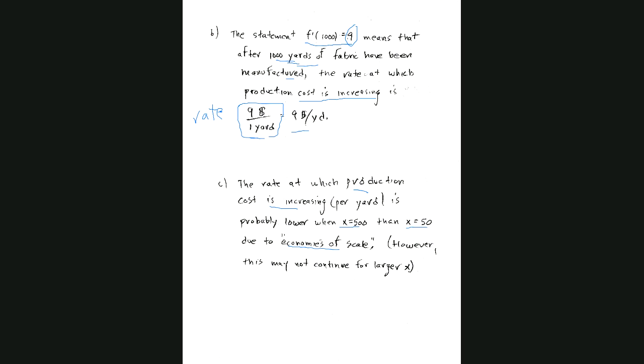I think of boats bringing goods over, say from China to the U.S. They have big boats carrying lots of things, huge boats, not small boats. It turns out that with economies of scale, it's cheaper to do it that way. But I want to comment, it may not be true as x gets larger and larger, because you have to pay people overtime and stuff like that the more you produce.